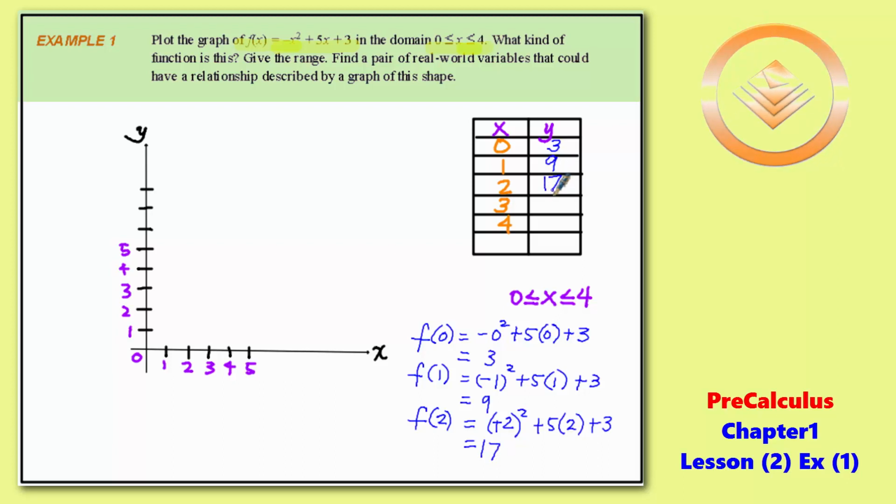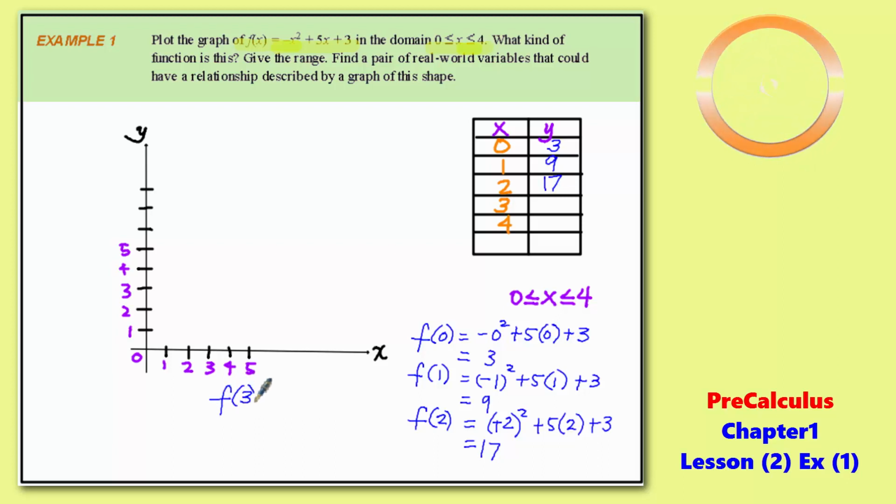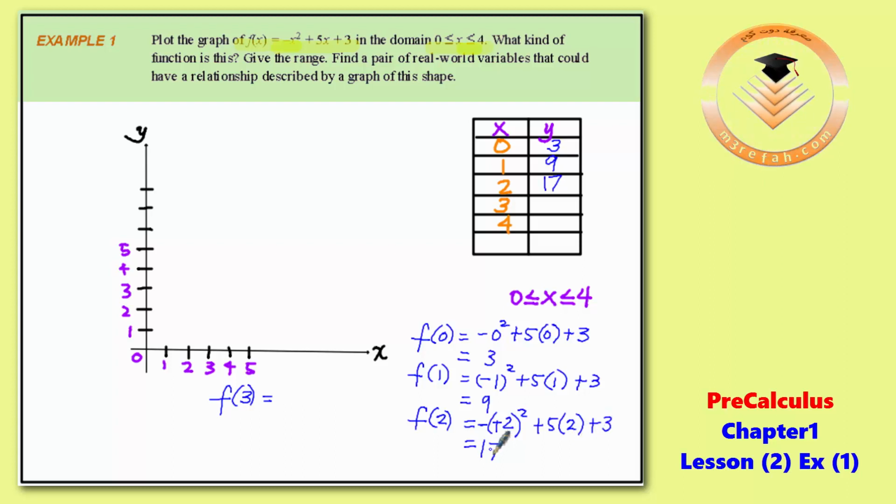Now if x is equal to 3, let's put it here. F of 3 would be equal to, I think I made a mistake here. So it's negative 2 squared plus 5 times 2 plus 3, okay, let me erase that one.